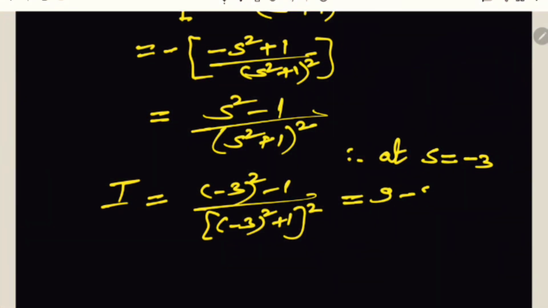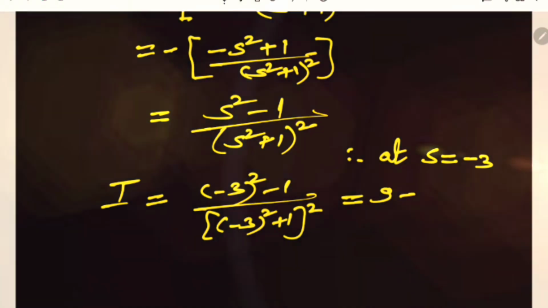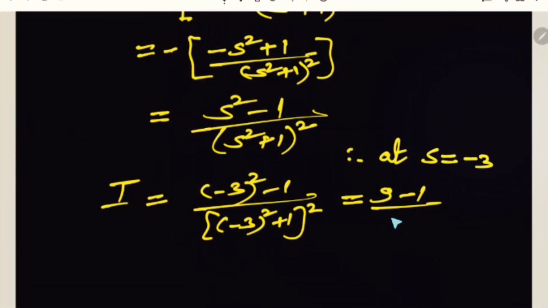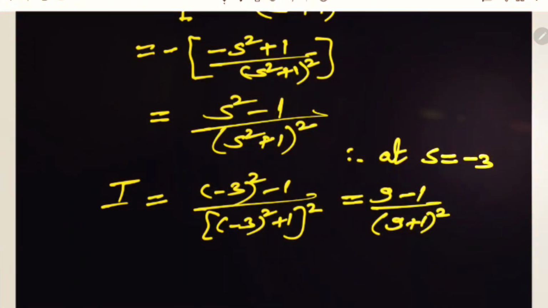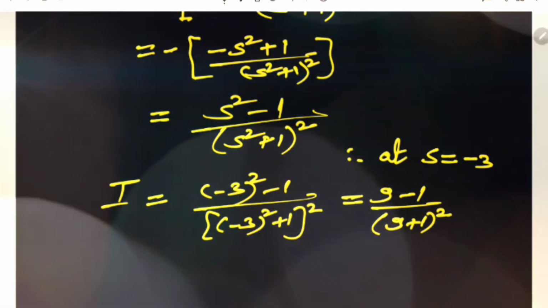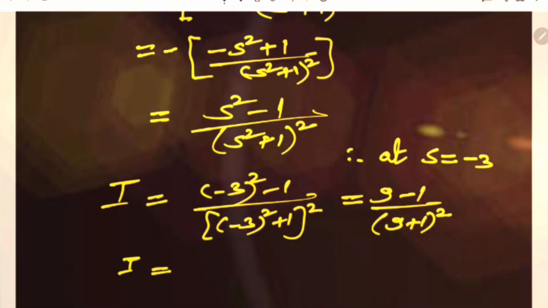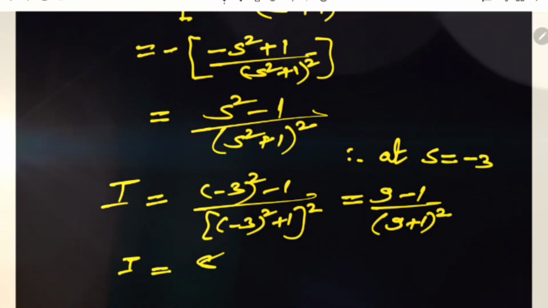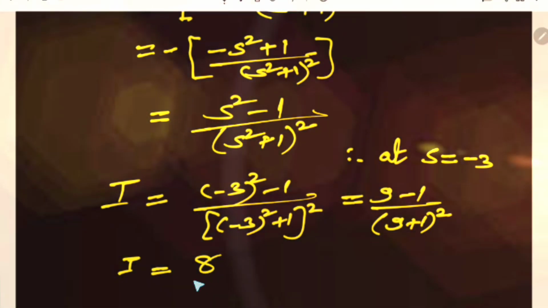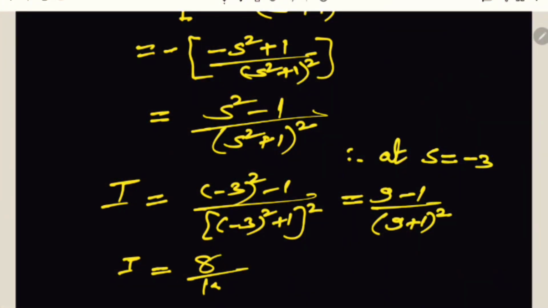It is 9 minus 1, we get 8, and divided by 9 plus 1, that is 10, that is 100. Therefore, it is 8 by 100 as the value of that definite integral, or the required answer.